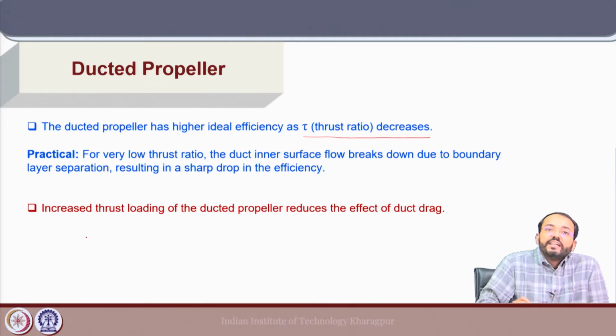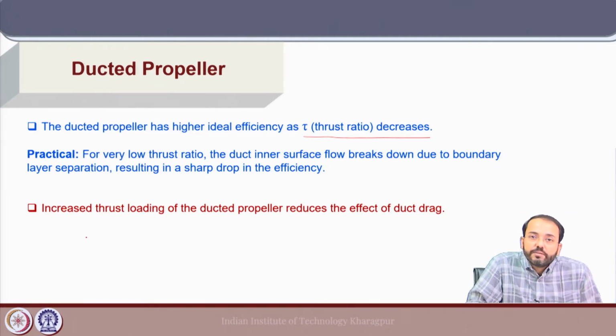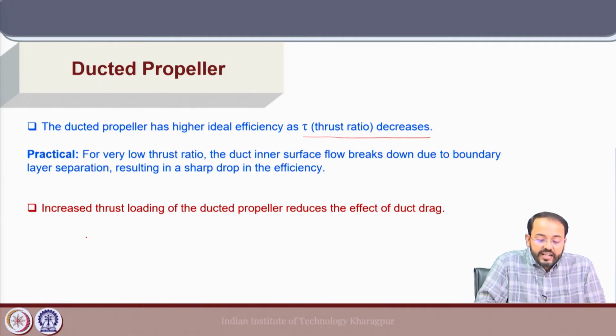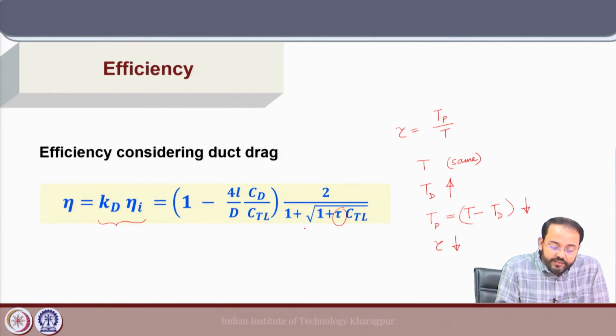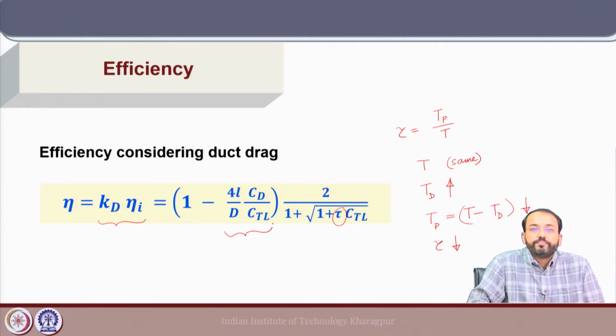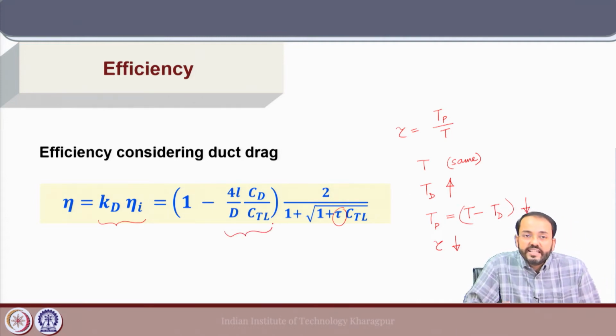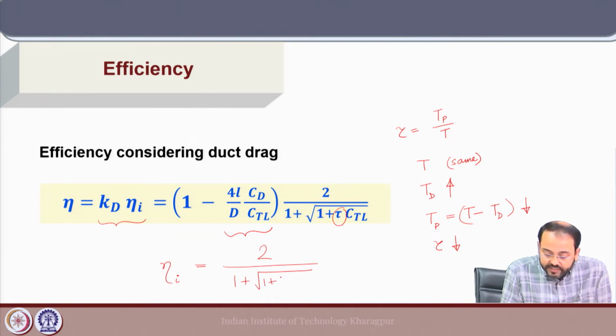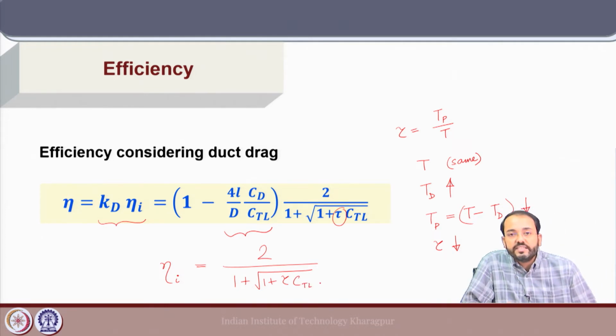The second point here, the thrust loading of the ducted propeller reduces the effect of the duct drag. Now, again if we go back, the effect of duct drag is considered here, because ideally the efficiency was 2 by 1 plus root over 1 plus tau multiplied by CTL. This was the ideal efficiency.